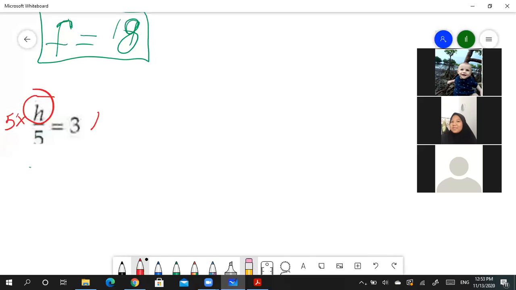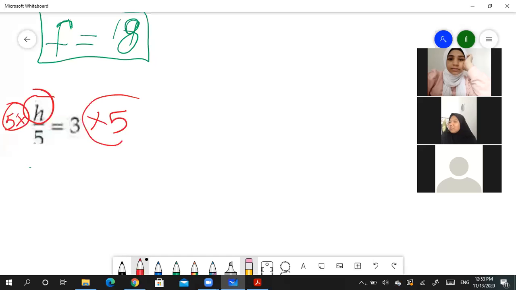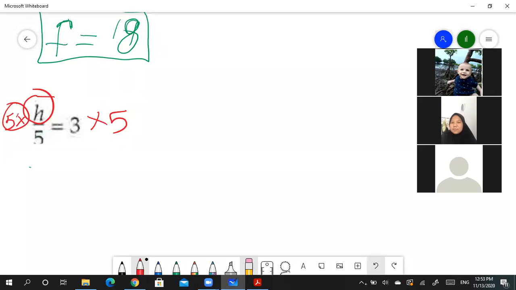Because we multiplied by 5 here, we should multiply by 5 on the other side. Now multiplying 5 by h over 5 removes the 5 in the denominator, because 5 divided by 5 equals 1. So h over 1 means h equals 3 times 5.